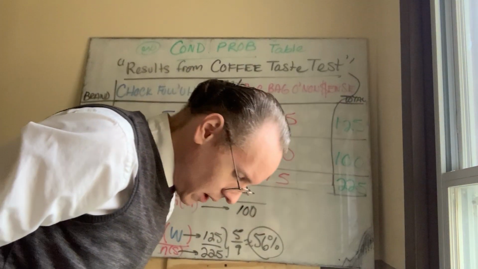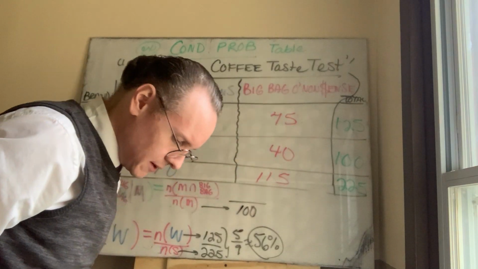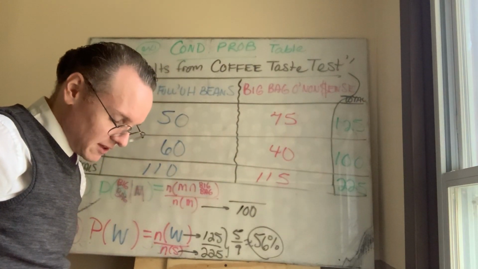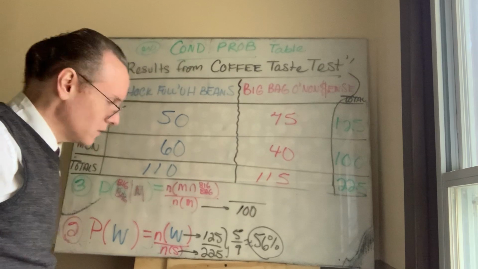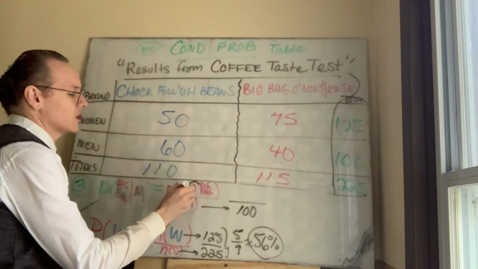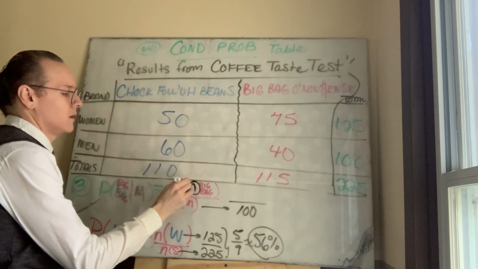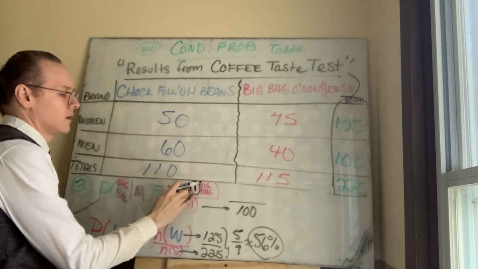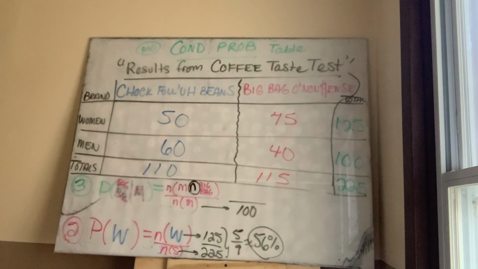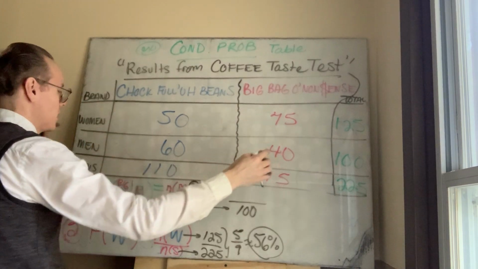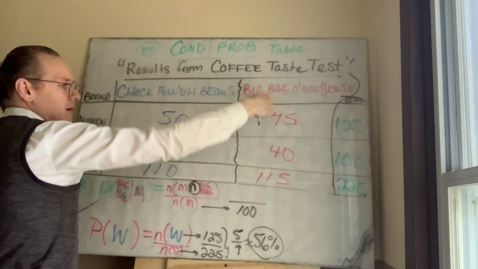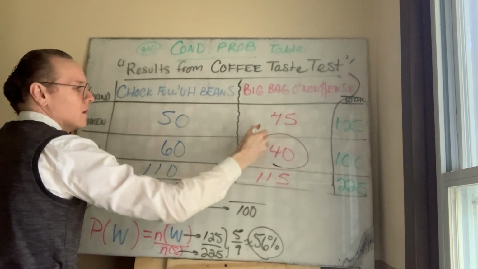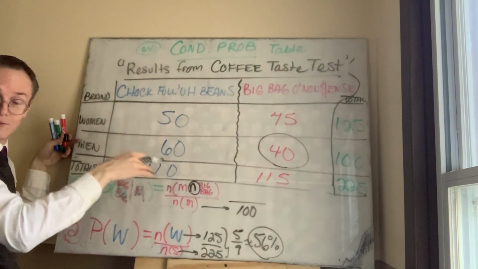Now as for the intersection of men that happen to like big bag of nonsense, this is where the table becomes helpful. You could zero in on men that like big bag of nonsense. That's the intersection without having to draw a set.